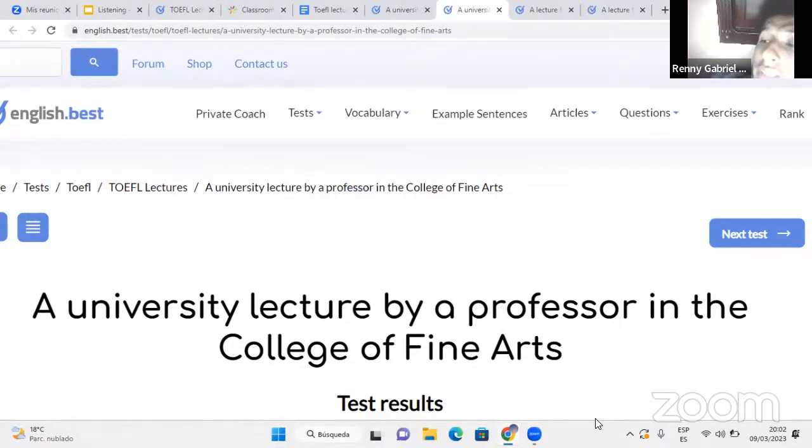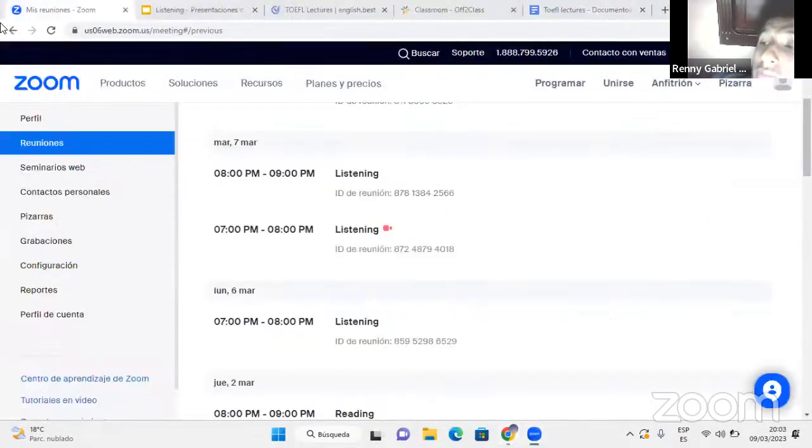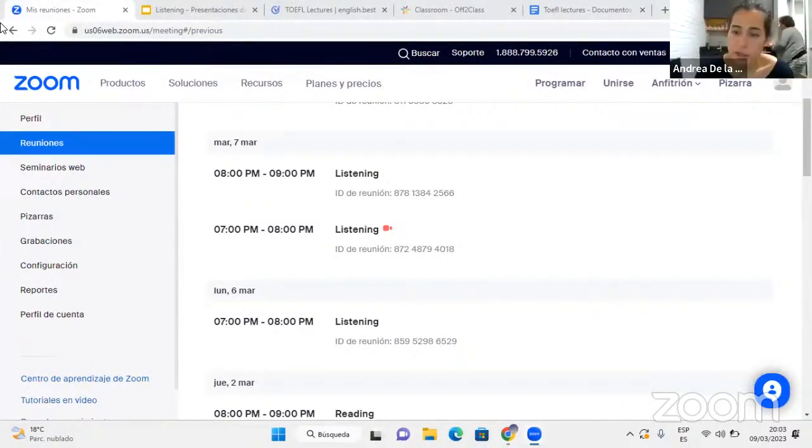Okay, it says that we have a test and we have to do a first simulation. So what is the deadline for that? I mean, you should be doing it ideally the first week that you start the course. But anyways, you can ask the coordinator, the one that sent the text, and she will give you all the instructions.